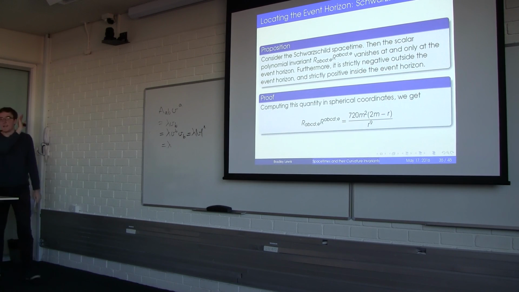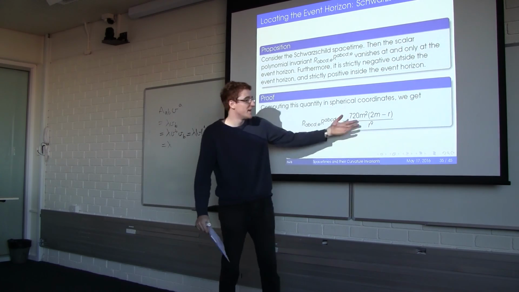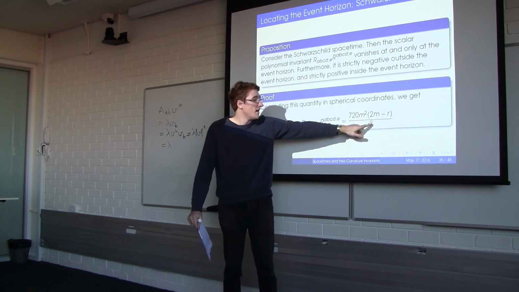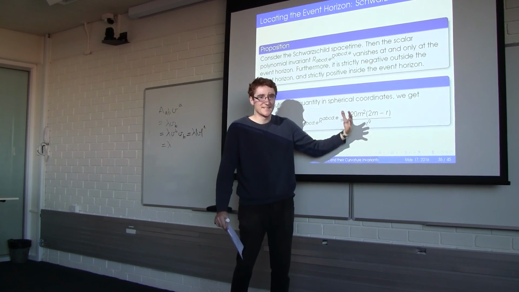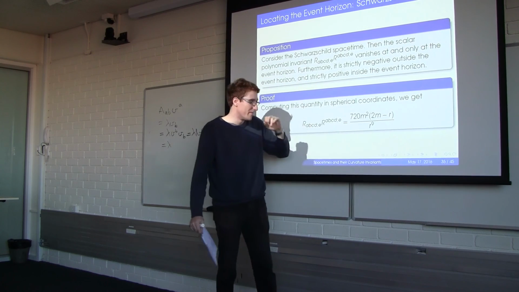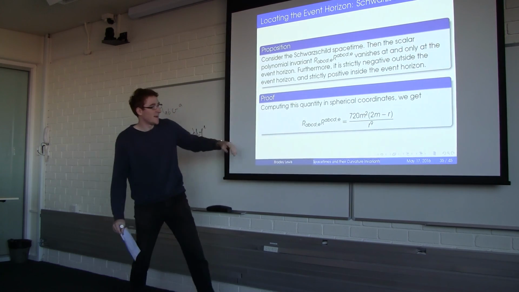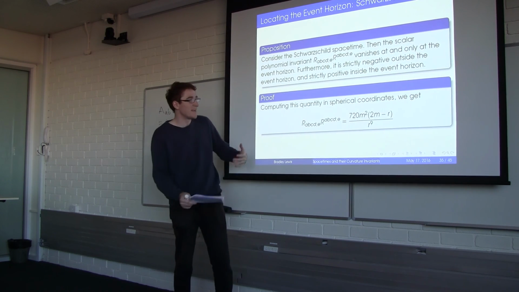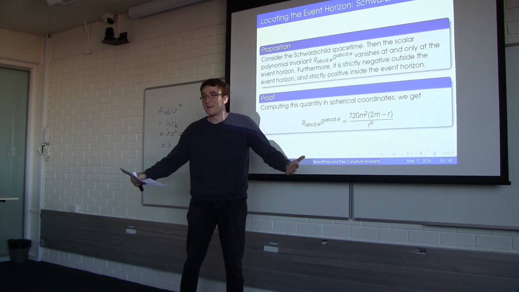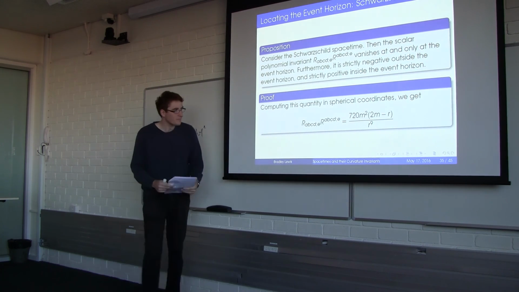If we compute it in the standard spherical coordinates, we get this quantity. And as you can clearly see, put r equals 2m, you get 0. r greater than 2m, it's negative. And r less than 2m, it's positive. This is quite a nice quantity, because it could be calculated in any coordinate system, and we'll always be able to say whether you are outside the event horizon, inside the event horizon, or at the event horizon.